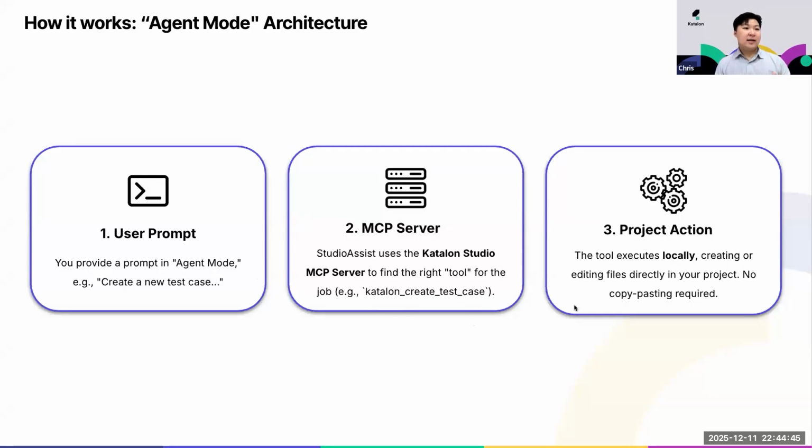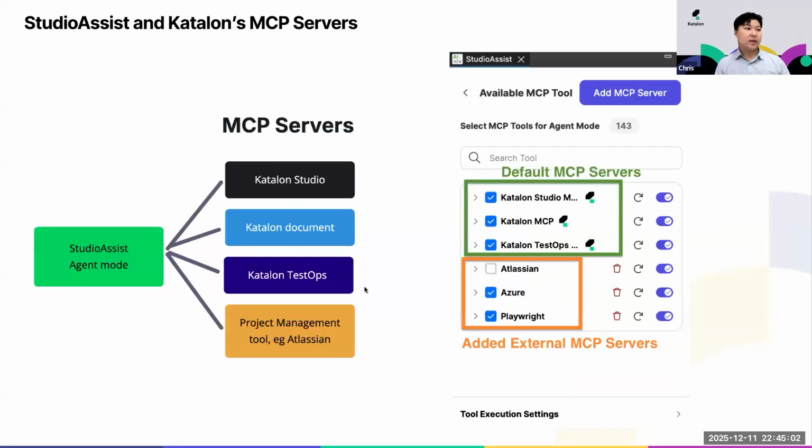And lastly, the tool executes locally within your project to create or edit whatever you tell it in the prompt. That's just the step that it follows at the moment.